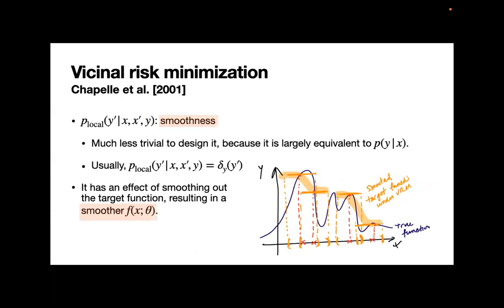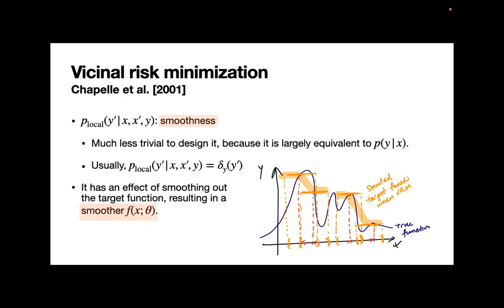Unfortunately, the second part, the first term from the earlier one, is very difficult to define. What should be the label of a newly sampled neighbor in the input space, given the input x and its associated y true? What should be this y prime?